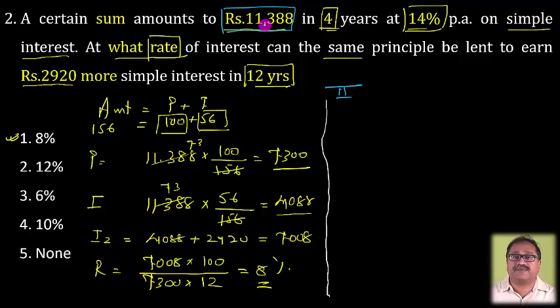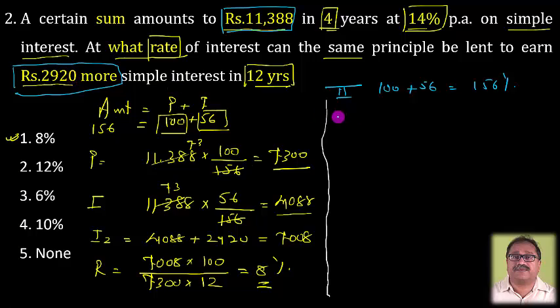So this amount is 100 plus 56, which is 156%. And what is my required amount at the end of 12 years? I need, according to the question, 2,920 more interest.